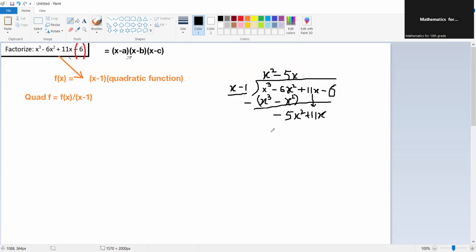So what do we get? Minus 5x square plus 5x.